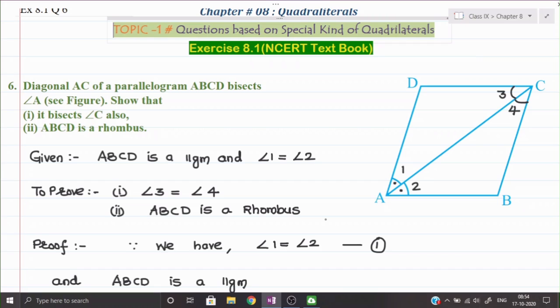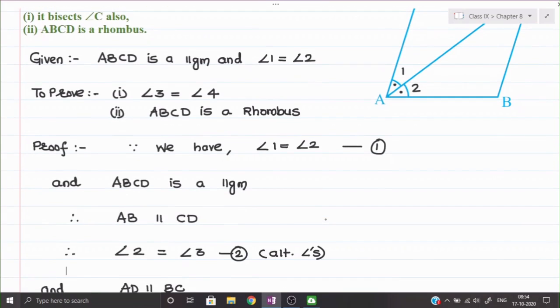We will take here, first of all, you observe we have three equations. Angle 1 and angle 2 are equal, and angle 2 and angle 3 are equal. So if I take the first two equations, so see 1 is equal to 2 and 2 is equal to 3. So we can say that 1 and 3 will be also equal here. Okay, because angle 2 is common between them.